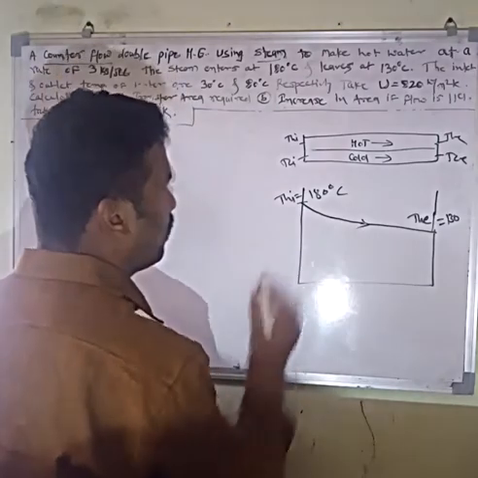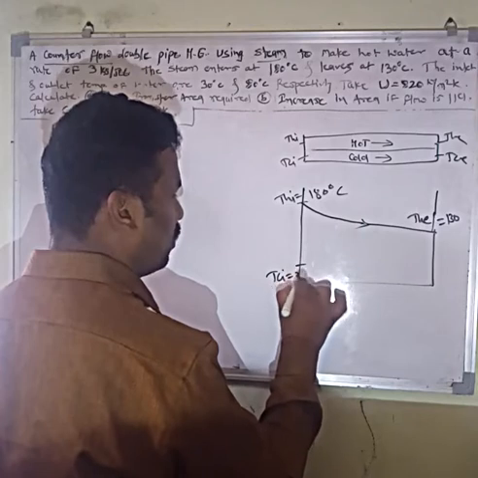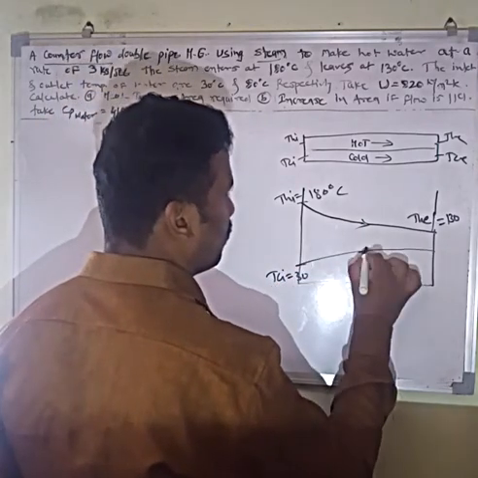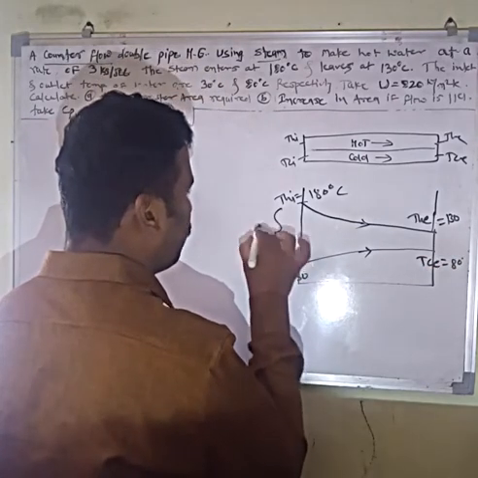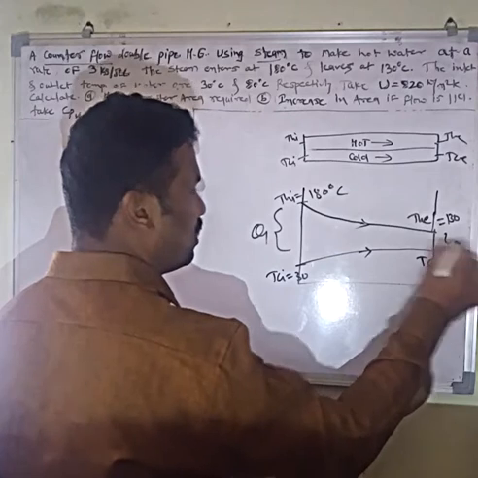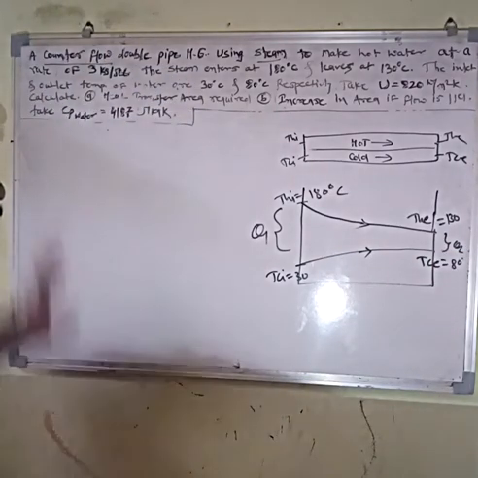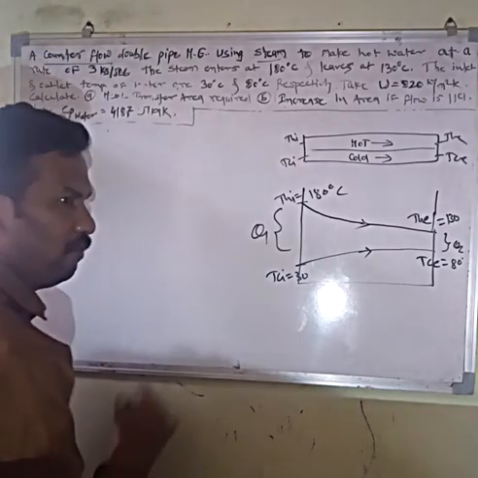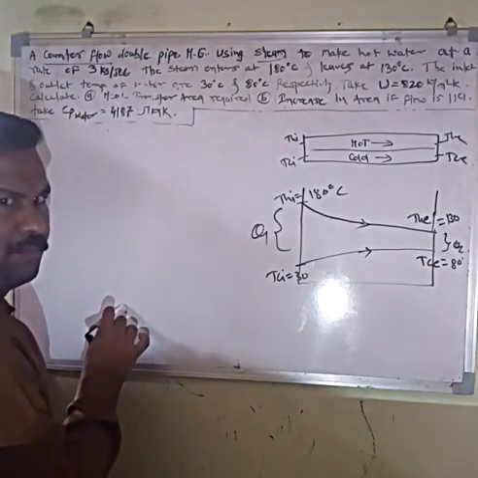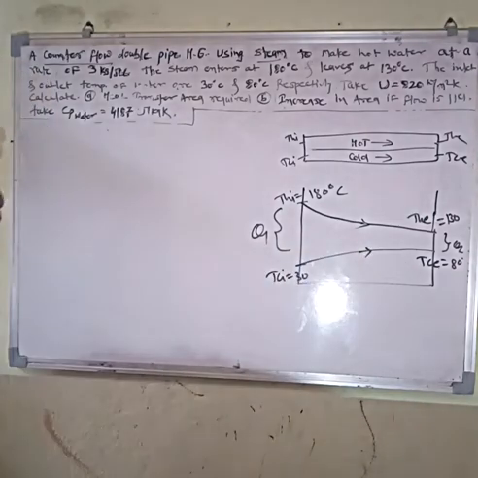At the same time cold fluid is flowing from left to right, its inlet is Tci equals 30, its temperature is increasing and it becomes Tce equals 80. The left hand side difference is known as theta 1, right hand side difference is known as theta 2. Now we have already calculated the value of Q by using the energy balance equation. Here only the value of theta m changes, because theta 1 and theta 2 are changing.